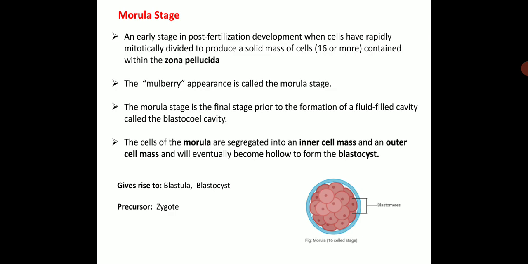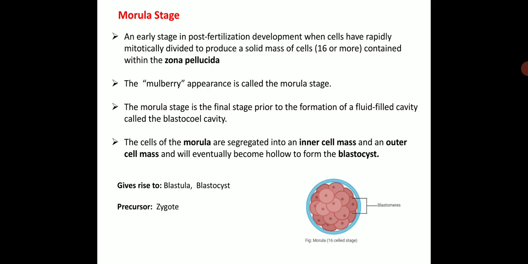The morula stage is the final stage prior to the formation of a fluid filled cavity called the blastocele cavity. The cells of the morula are segregated into the inner cell mass and the outer cell mass, and it consists of a hollow to form the blastocyst.